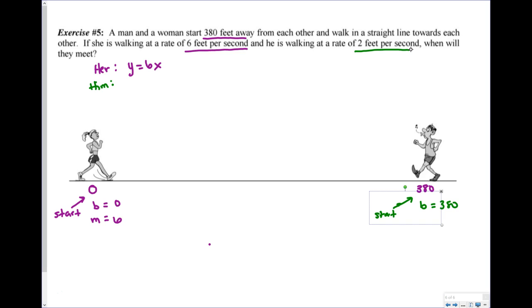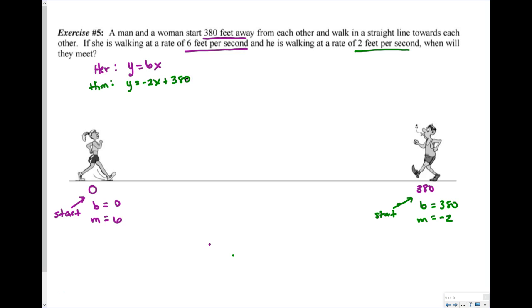Yes. So his distance is actually decreasing. So his rate is 2, but it's actually a negative 2. This is really crucial in setting up your problem. Understanding that one of their distances is increasing and the other one is decreasing in order to figure out where they meet. Okay, so his equation will be y equals negative 2x plus 380.